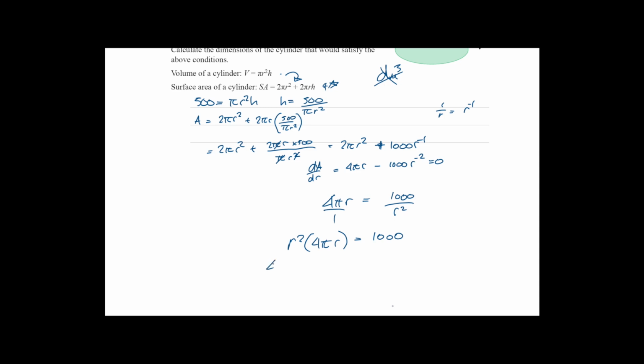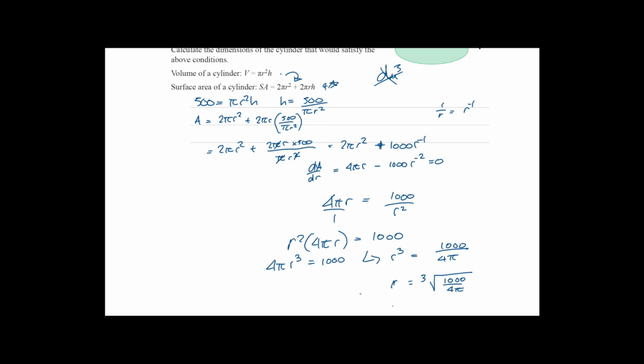Yep, so 4 pi r cubed equals 1000. So therefore it follows that r cubed must be equal to 1000 divided by 4 pi. So r must be the third root of 1000 over 4 pi.